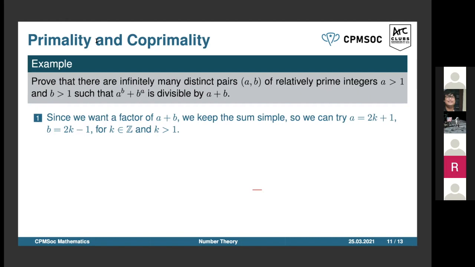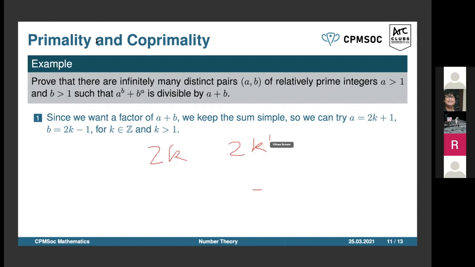This choice is first by noting, if we have two even numbers, 2k and 2k prime, then the sum would be simple, right? But between these two you have a common factor of 2, and we require relatively prime integers, which ruins that case.